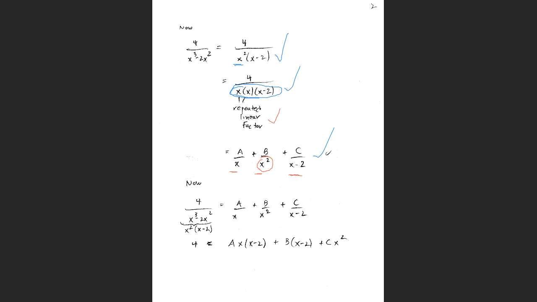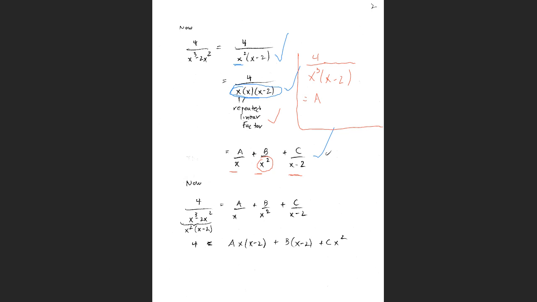Okay, so for instance, as an analogy, let's say you had 4 over x cubed times x minus 2. What do you think the expansion would be?